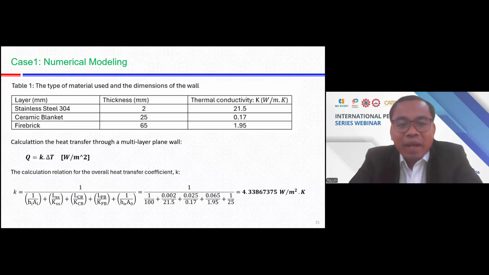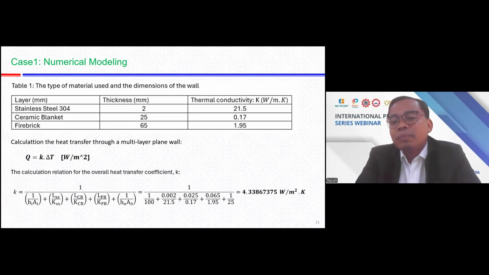Divide by ks, the thermal conductivity on the table, which is 21.5. The second layer is 25 millimeters, converted to 0.025 meters, divided by 0.17, the thermal conductivity on the slide. The other is the fabric, 0.065 divided by 1.95.